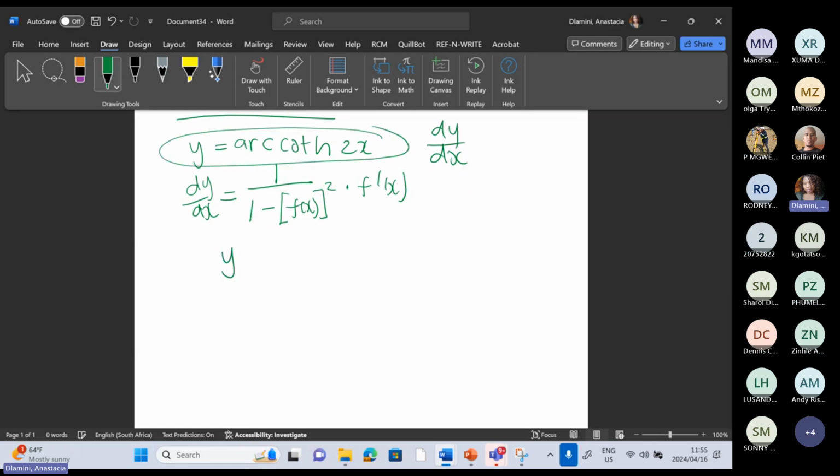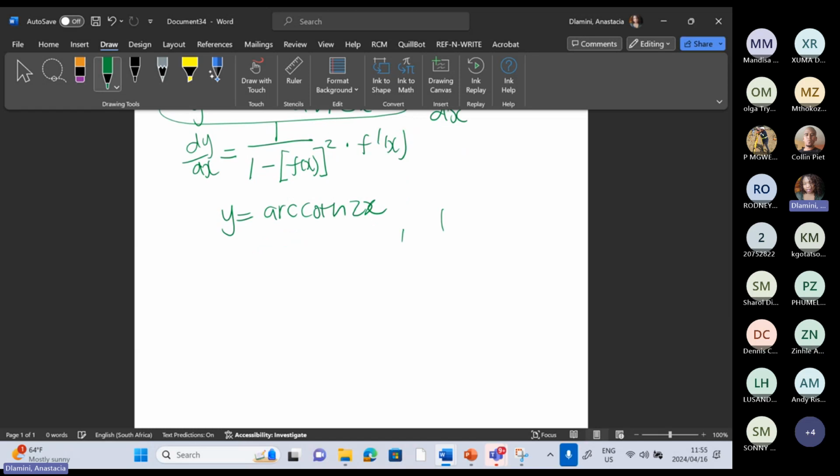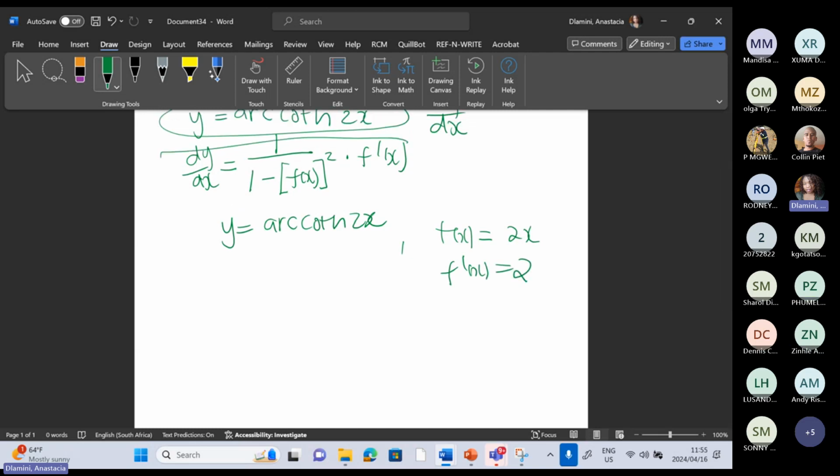So this is y equals arc cos of 2x. From this one, you can see our f of x is 2x. Our f prime of x is 2. So let's substitute here.